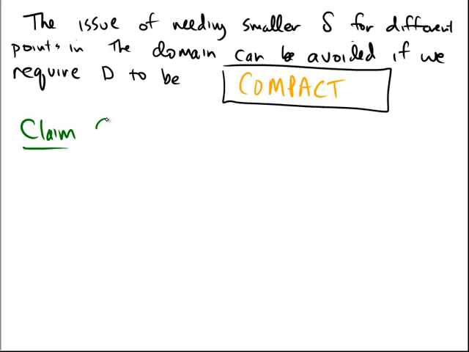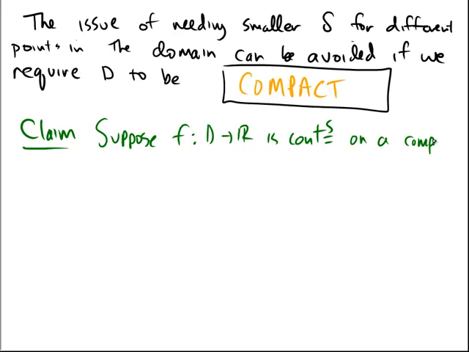The claim is that if we suppose f from D to R is continuous, and in addition we assume that it's on a compact set D, so the domain is compact, then f is uniformly continuous on that domain D.